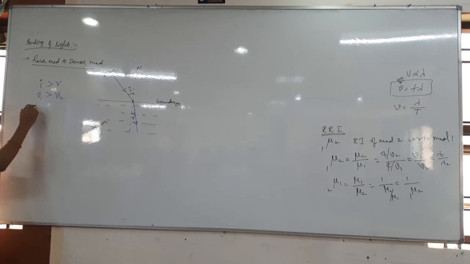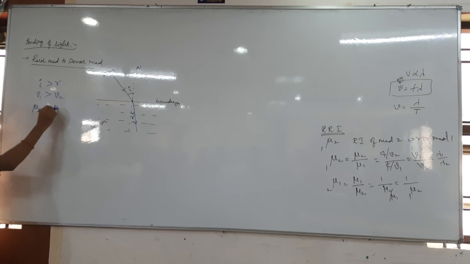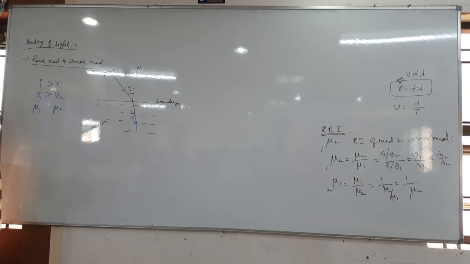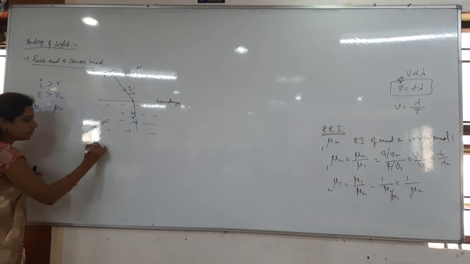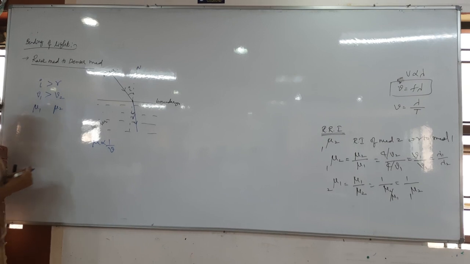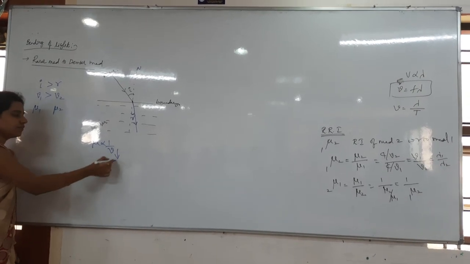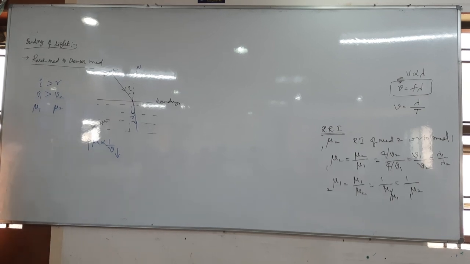Now tell me the refractive indexes, mu1 and mu2 relation. Which is greater? Mu2 is greater than mu1. Why? Because mu is inversely proportional to the velocity. In medium 2 velocity is less, so refractive index will be more.